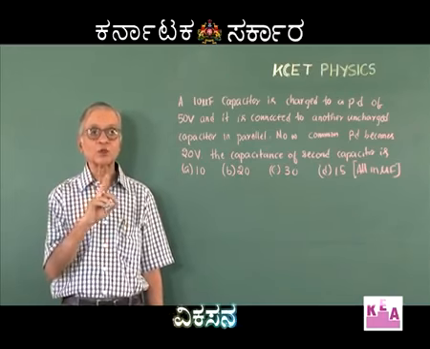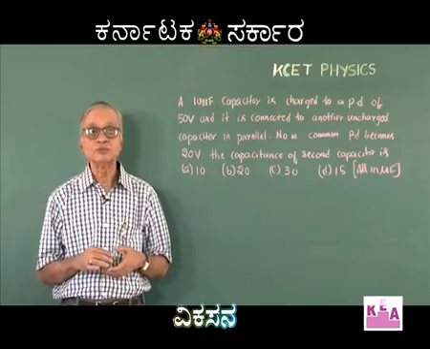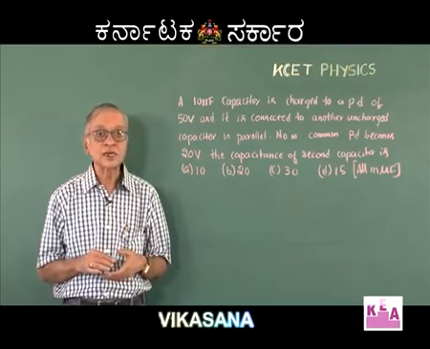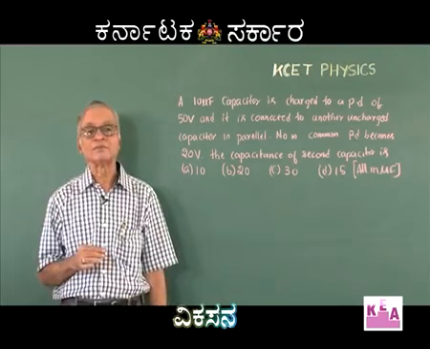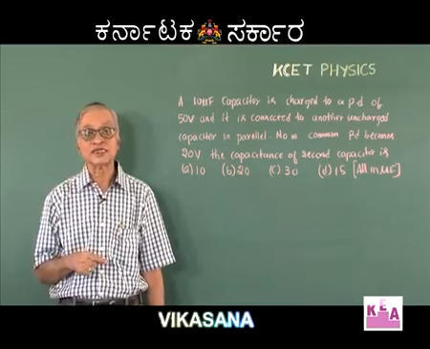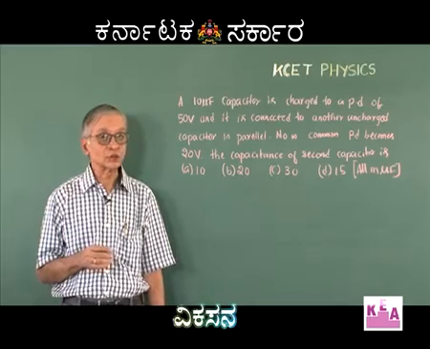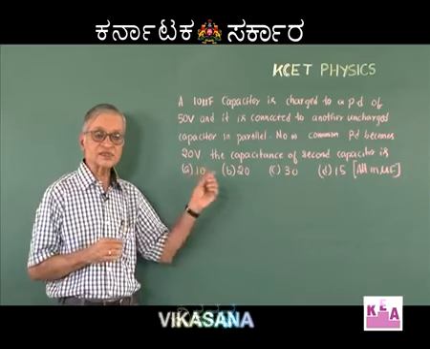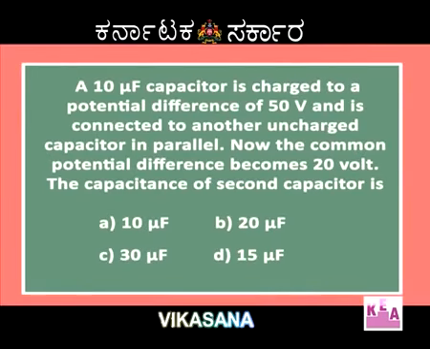If two capacitors of capacities C1 and C2 are charged respectively to the potentials V1 and V2, and they are connected in parallel, then the common potential difference across the combination is given by V is equal to C1 V1 plus C2 V2 divided by C1 plus C2. This example is absolutely dependent on this particular concept.